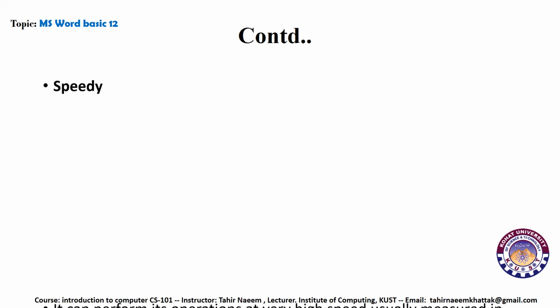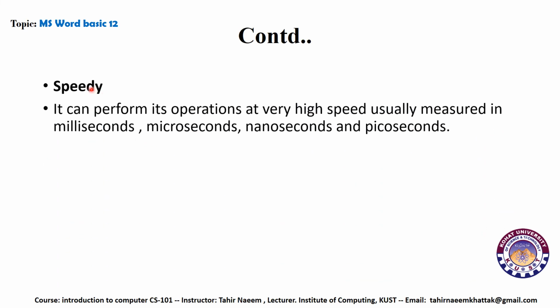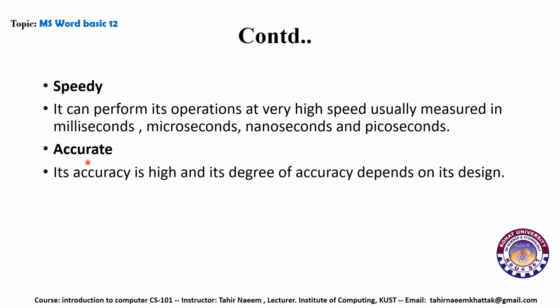Speedy. As the name suggests, it's fast. It performs its operations at a very high speed, usually measured in milliseconds, microseconds, nanoseconds, and picoseconds. Computer execution is very fast, measured in fractions of a second. Accurate, we can also say reliable.